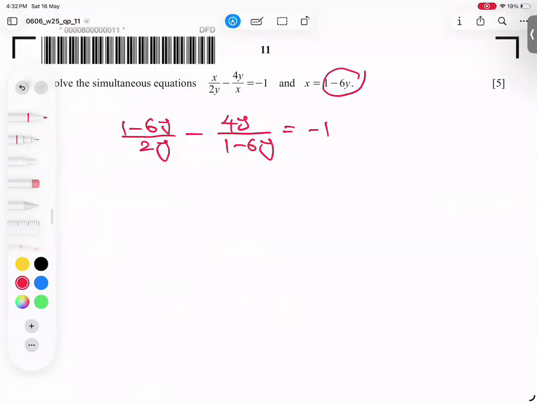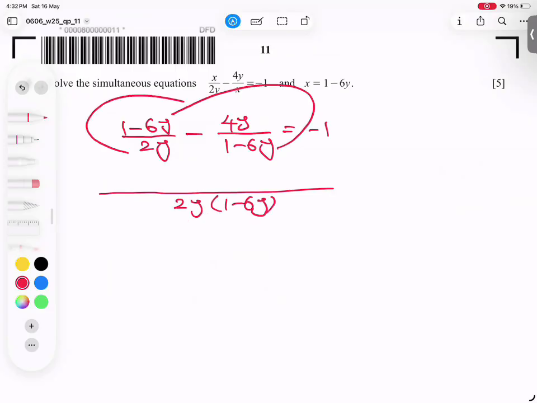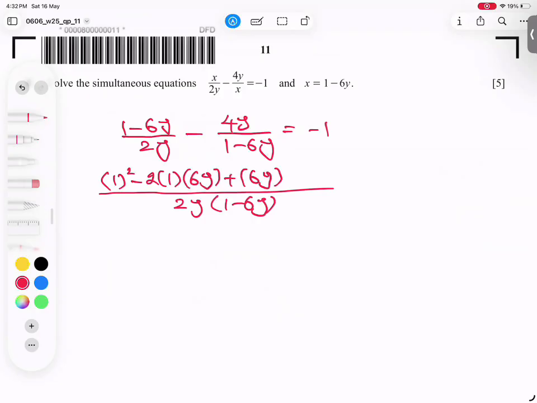I replace this x value in both places. Now what is the LCM from here? The product of both values is the LCM. It multiplies there, it multiplies there. Here the same values, squaring identity. I'm applying first term square, negative 2 into first term into second term, and plus second term square.